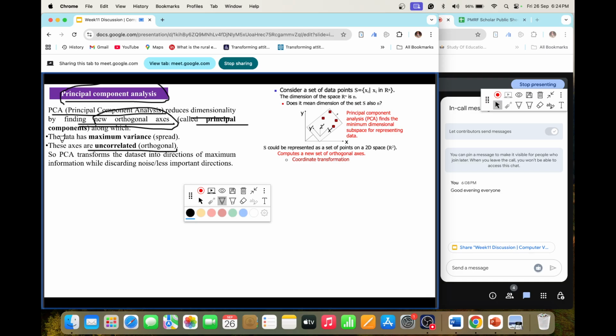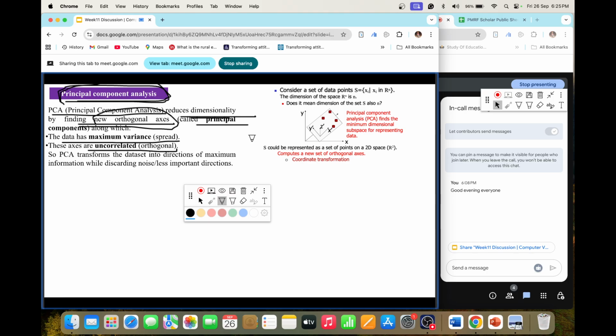And the data has the maximum variance or spread along them. By this we will choose our orthogonal axes. Again I am repeating, PCA reduces dimensionality by finding new orthogonal axes, called the principal components, along which the data has maximum variance or spread, and these axes are uncorrelated. That is why it is known as principal component analysis.